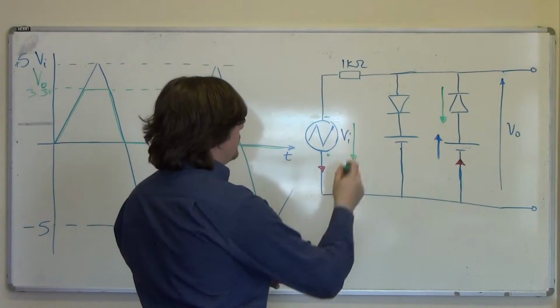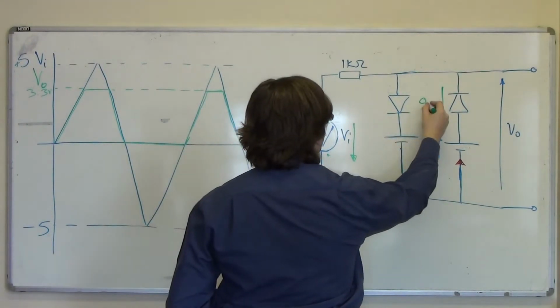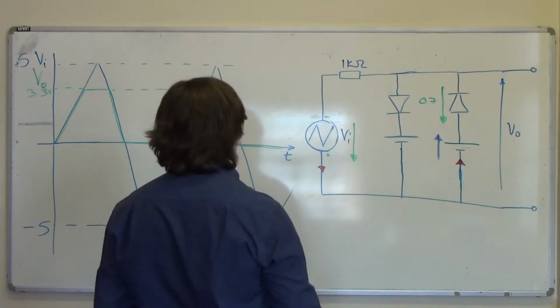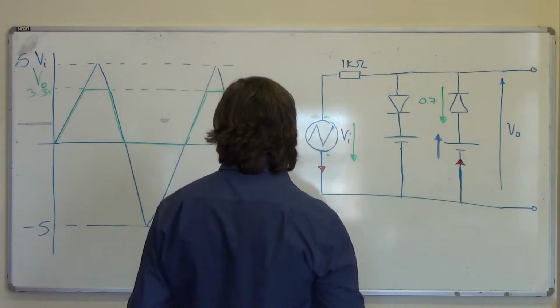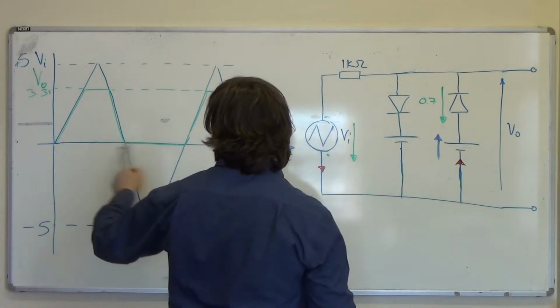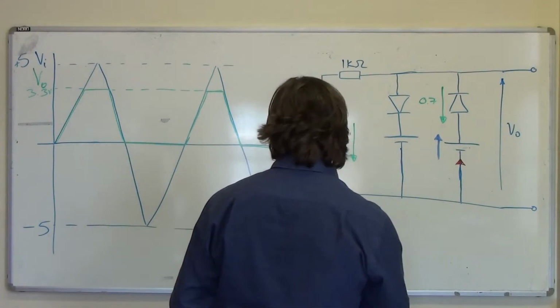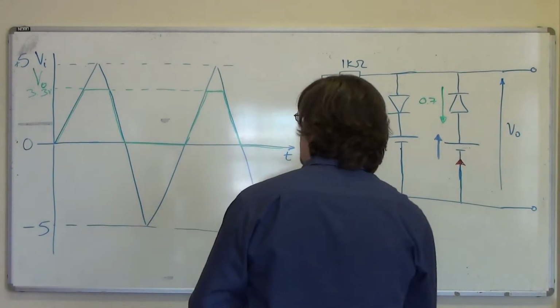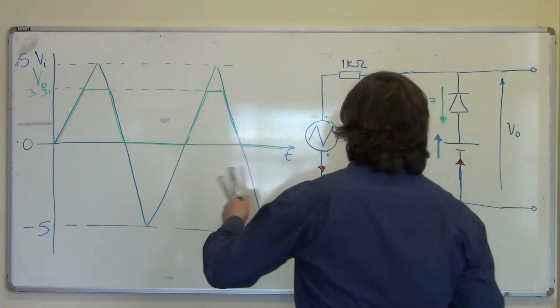And we know that to put this diode on the edge of conduction, we'll need 0.7 volts across it. And we know that in the situation for our output, we can't have any less than 0.